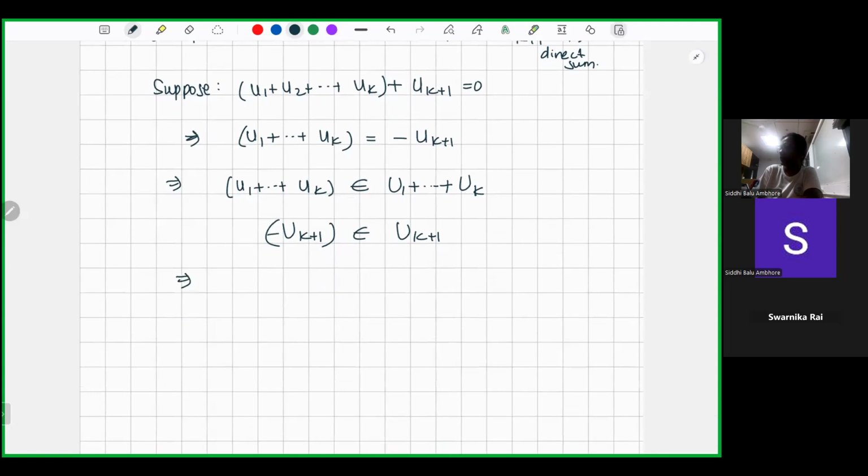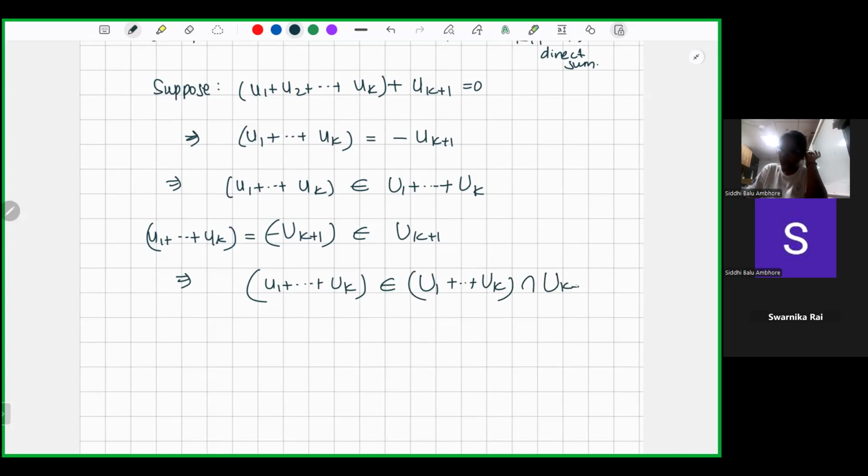So this implies that the element u1 plus ... plus uk belongs to both, the intersection of U1 plus ... plus Uk and Uk plus 1.